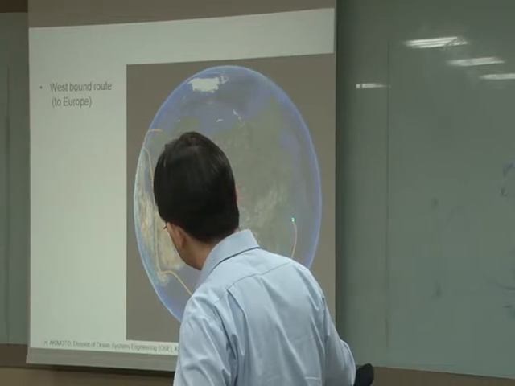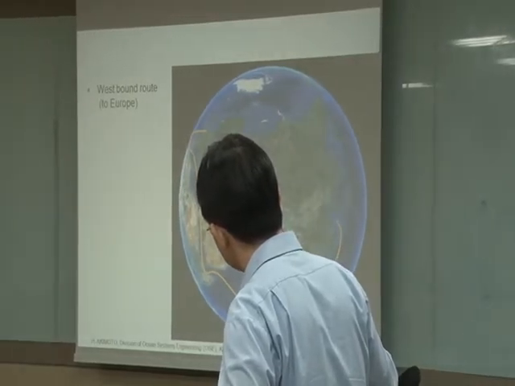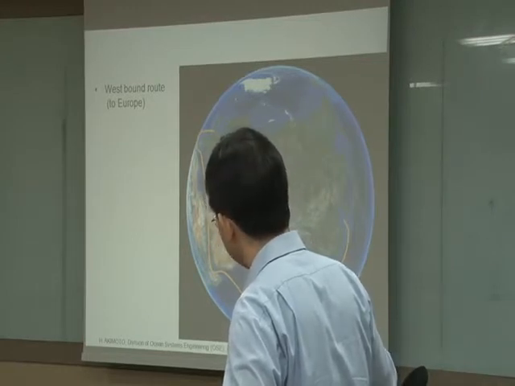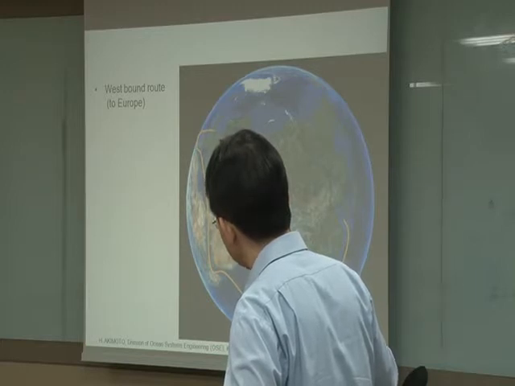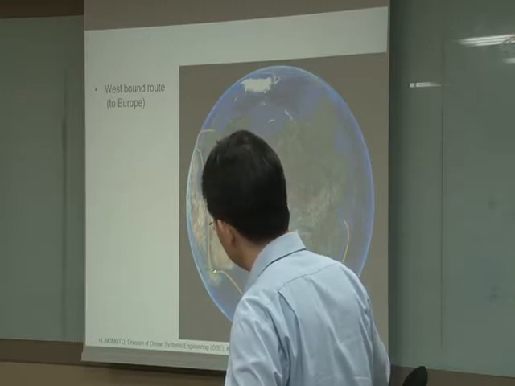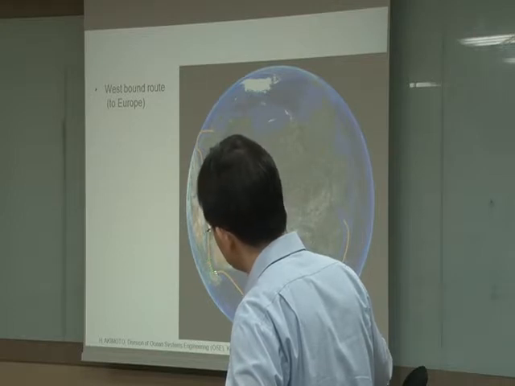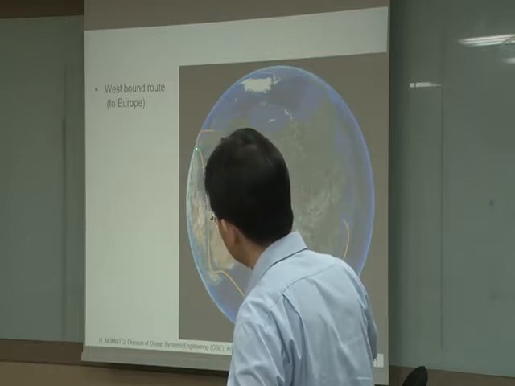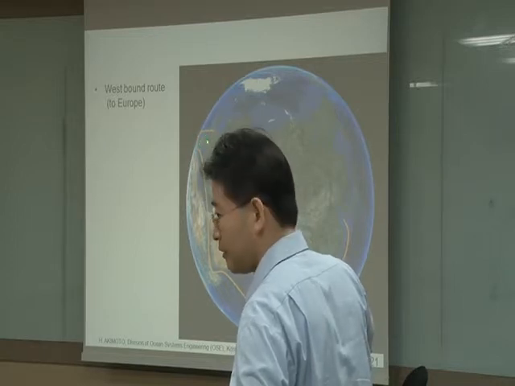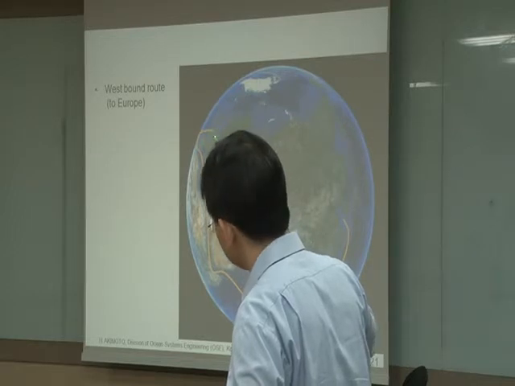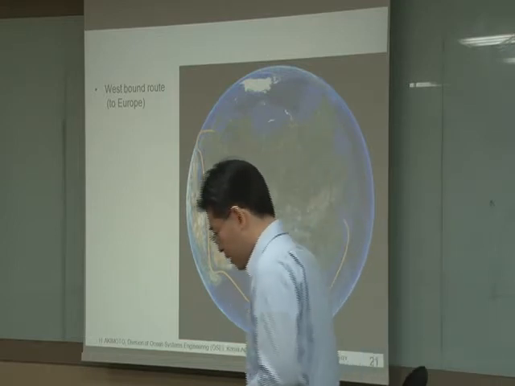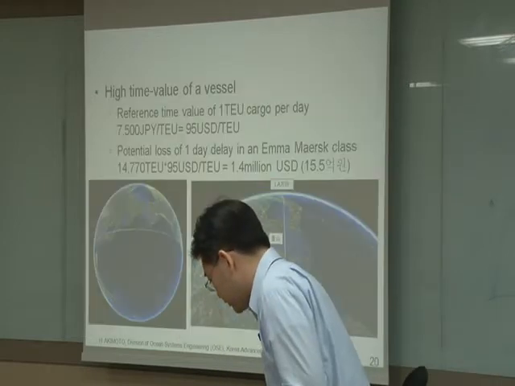So the path goes like this to the Singapore Strait and Malacca Strait, and this is India, going to the Red Sea and the Suez Canal and the Mediterranean, and goes around Portugal. I guess this is the Gibraltar Strait, and goes to Europe, Denmark, or other major European seaports.